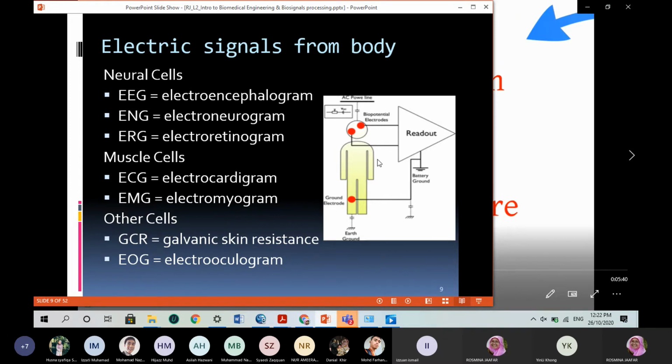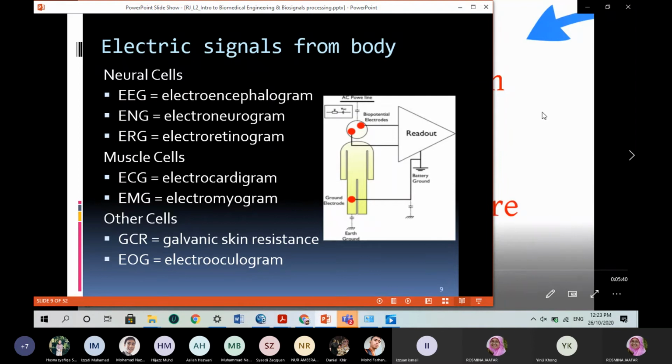And because it is a differential measurement, you always subtract one signal from another. Then you will have the biopotential. And between the 2 electrodes, you will have an amplifier to amplify the 2 signals.